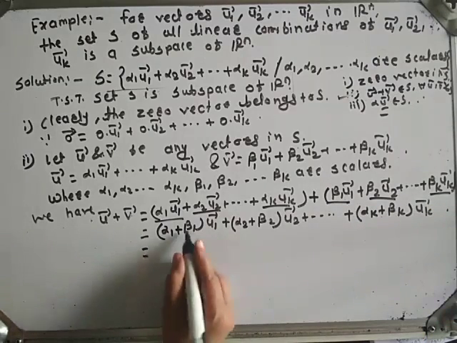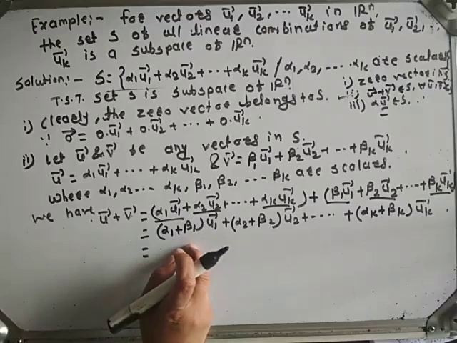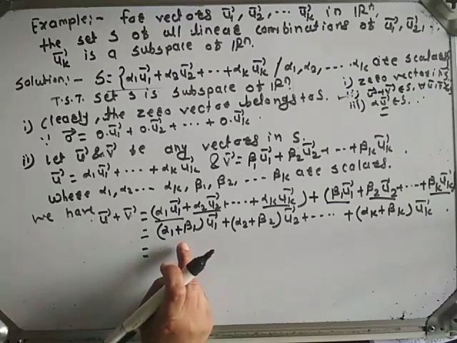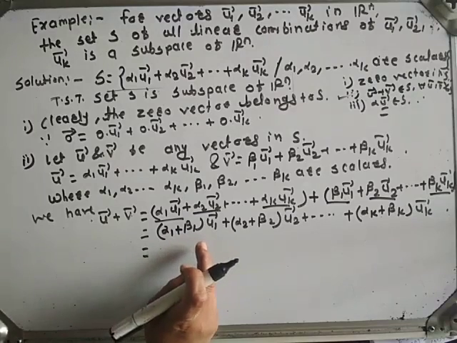Okay. Alpha 1 and beta 1 are two scalars, so their addition is also a scalar.